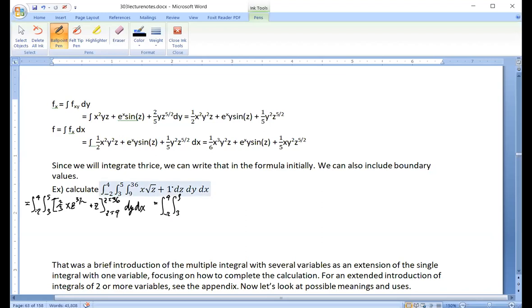So now you plug in and you get 2/3 x times 36 to the 3 halves plus 36 minus 2/3 x times 9 to the 3 halves plus 9. So all that business, still holding on to those outer integrals.